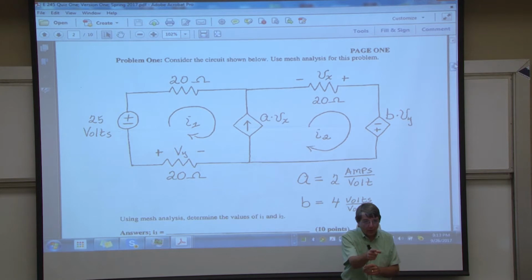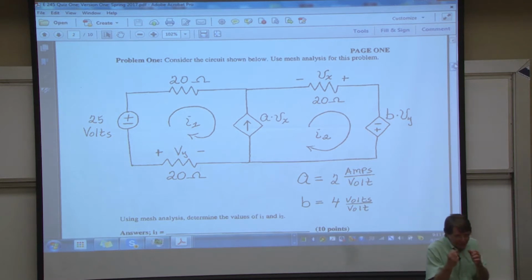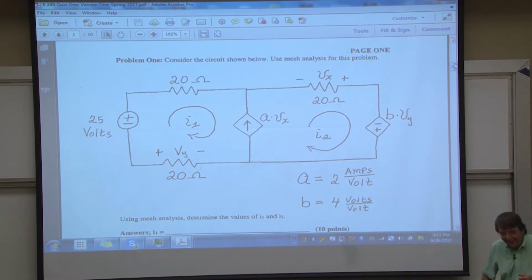I sense a question from my colleague here. I don't have it, but I know you have a question. Can you help me out? Okay, I do have a question. Since there's 2 diamonds, that should be 4 equations. Oh, there's 2 diamonds. I only saw 1. That's a rookie mistake.